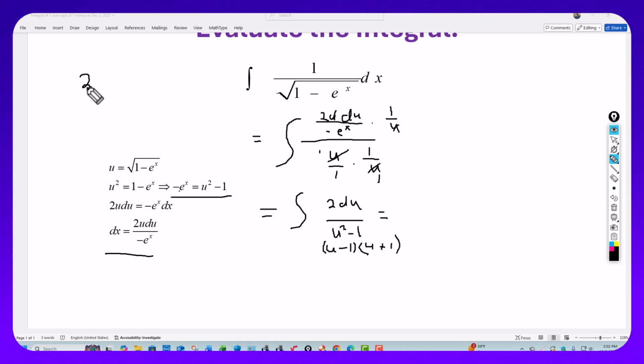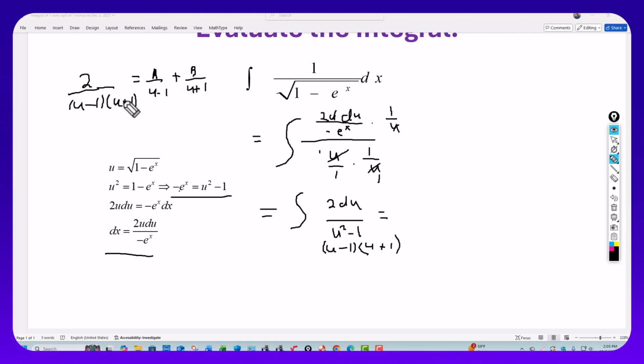You can set it up over here then: 2 over u minus 1, u plus 1, and you'd set it up with some constant a. We have linear factors here, so it'd be a over u minus 1. Another linear factor, so another constant b over u plus 1. And then you solve for a and b.